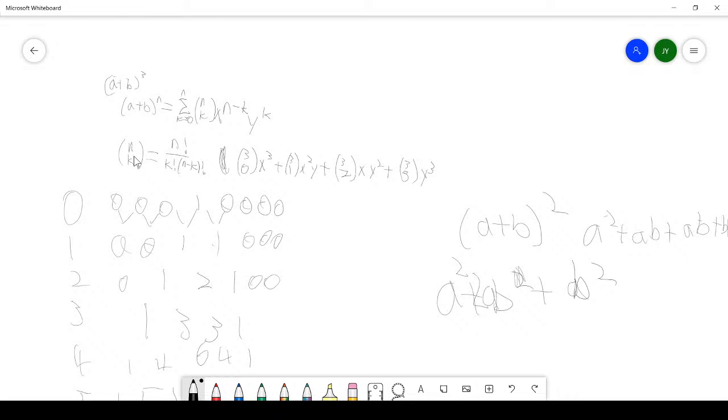So let's use this example we already have. We need to solve the combinatorics, but it's pretty simple. 3 factorial over 3 factorial is 1, so x cubed, plus 3 factorial over 2 factorial is 3, so 3x squared y, plus 3xy squared plus y cubed.